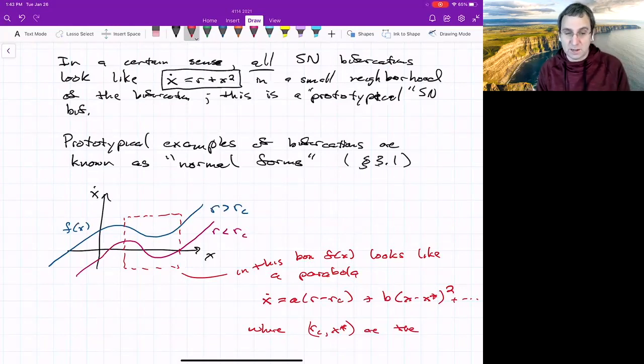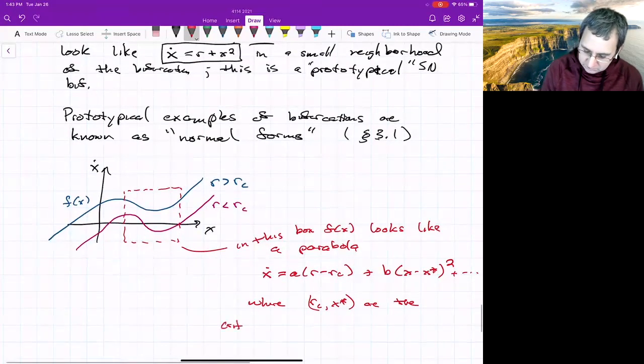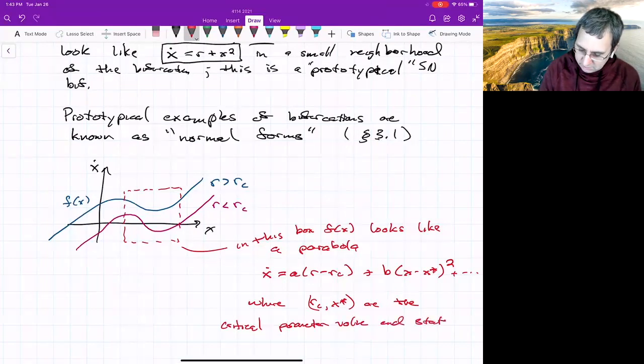This sort of gets to the question: is the bifurcation point the point in the parameter space or the point in the state? Depending on what your goal is, it could be both. So this is the critical parameter value and state at that value. I guess we'd say fixed point rather than state.